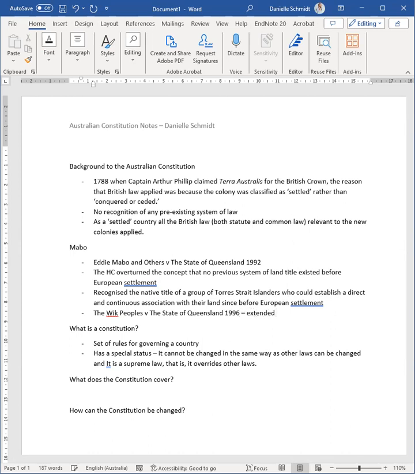The High Court recognised for the first time the native title of another Aboriginal group to an area which had been subject to a pastoral lease, where there was no inconsistency between the two forms of landholding. So that is also very important.